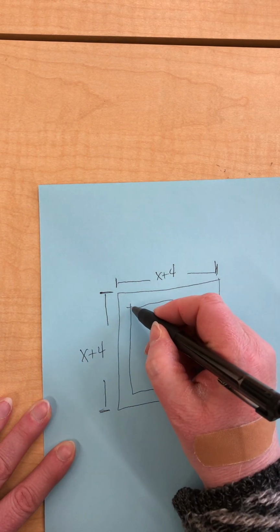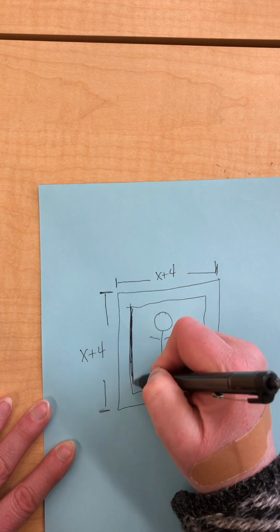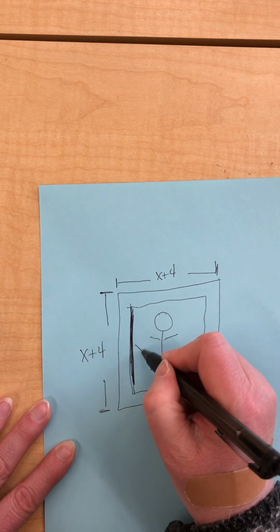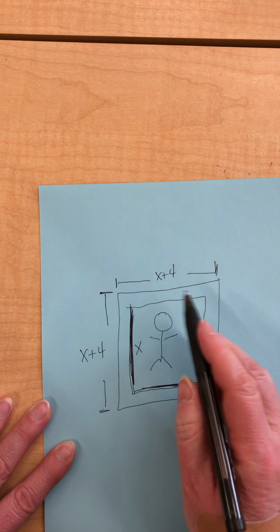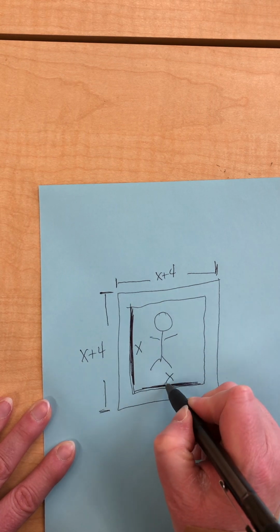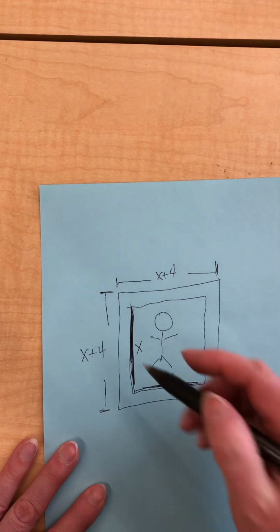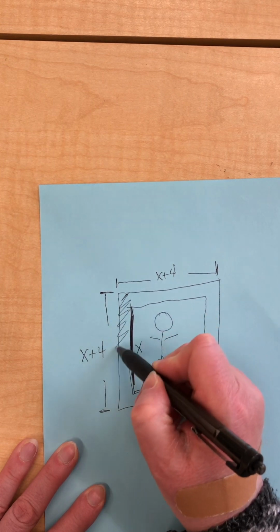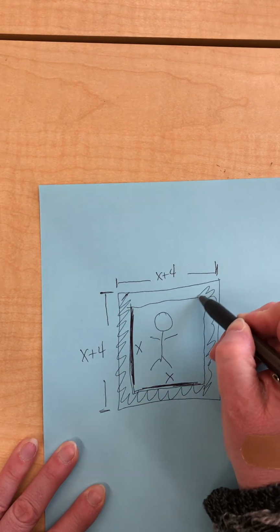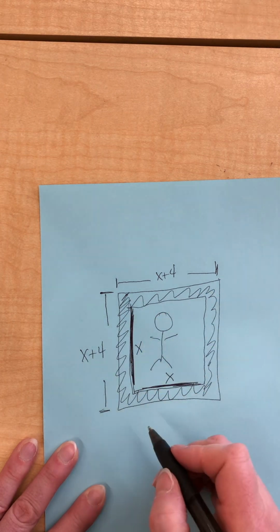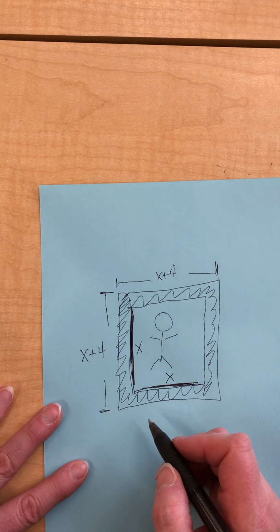Inside, this side has a value of x, and this side also has a value of x, because if this is a square, so is this. Then they told us the frame, the colored-in part, has an area of 176.